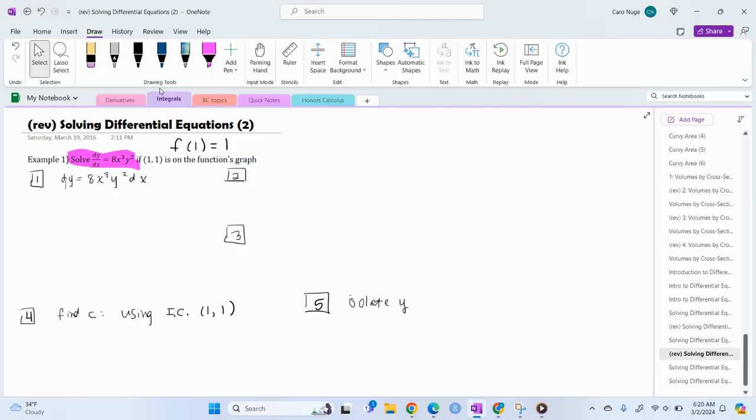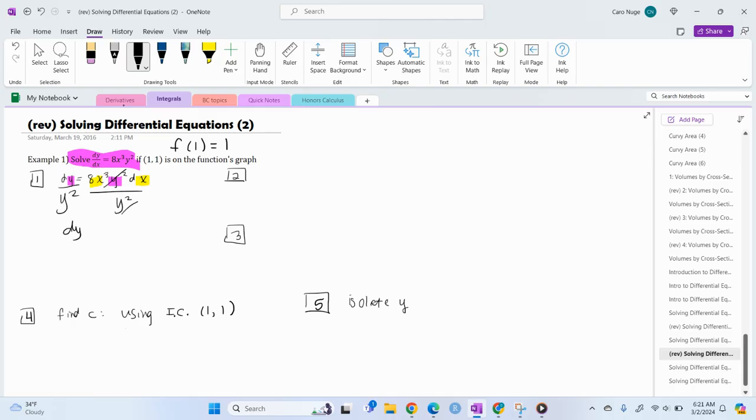All right, let's go through our 4 steps here. Our first step is to get x's and y's on separate sides of the equation. So let's do that. I have y's and x's, so I'm going to move my y's to the left-hand side. Let's divide by y squared.